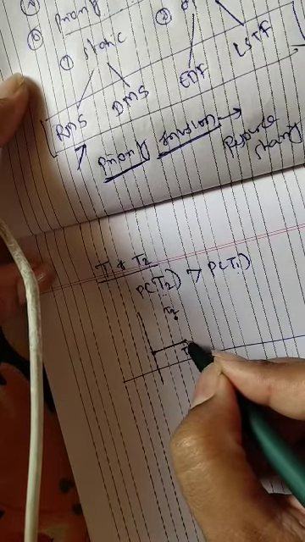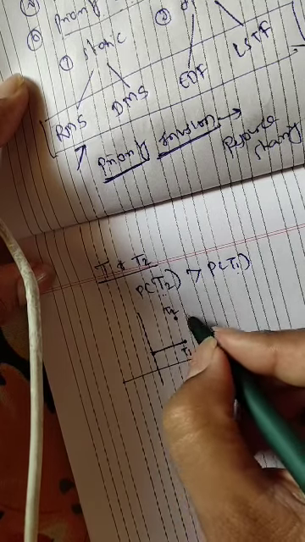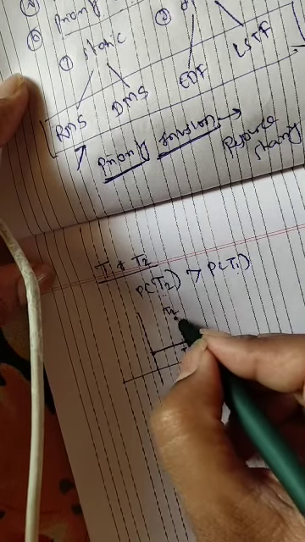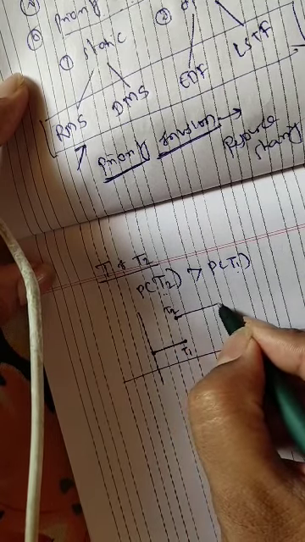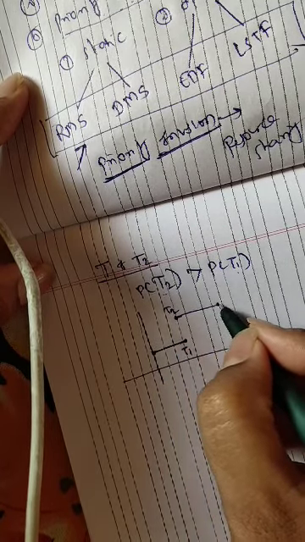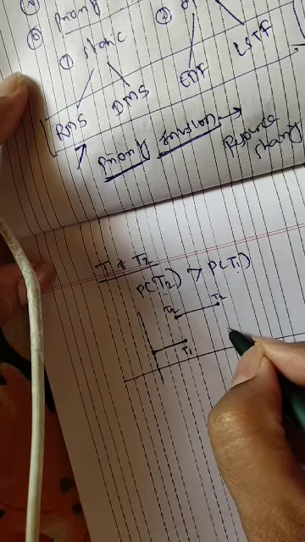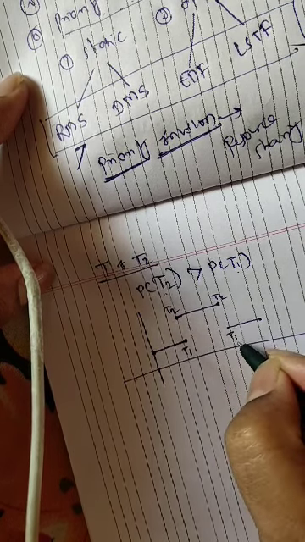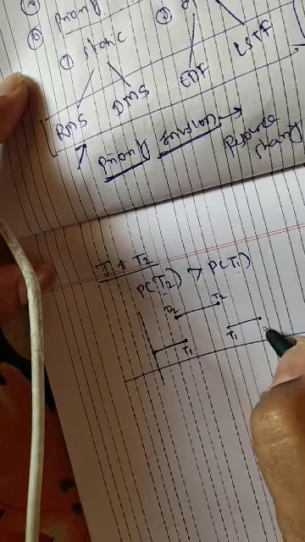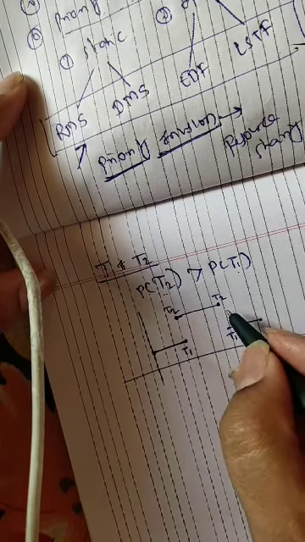Therefore, the CPU is preempted from process T1 and the processor is given to T2, and T2 continues its execution until it completes its task. After completion of its task, the CPU is given back to the lowest priority task, that is T1. T1 continues and completes its execution, and in this way the processes get executed.